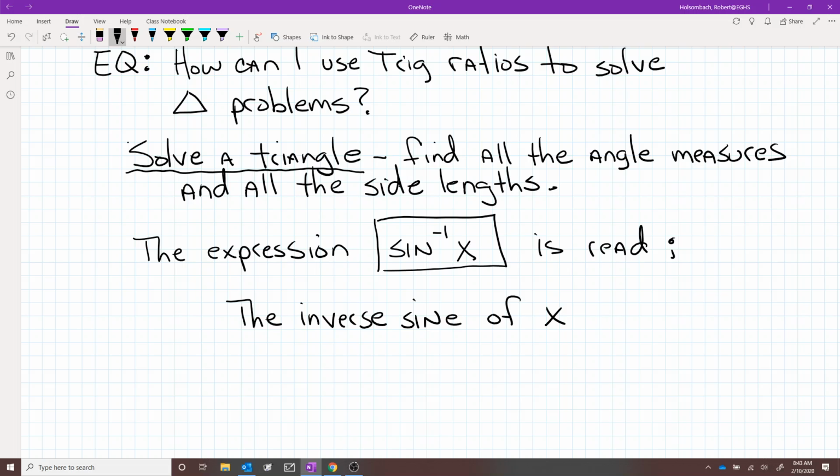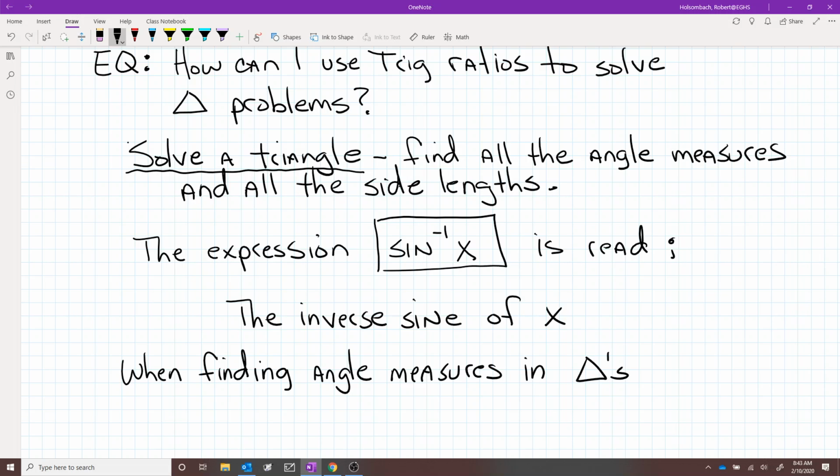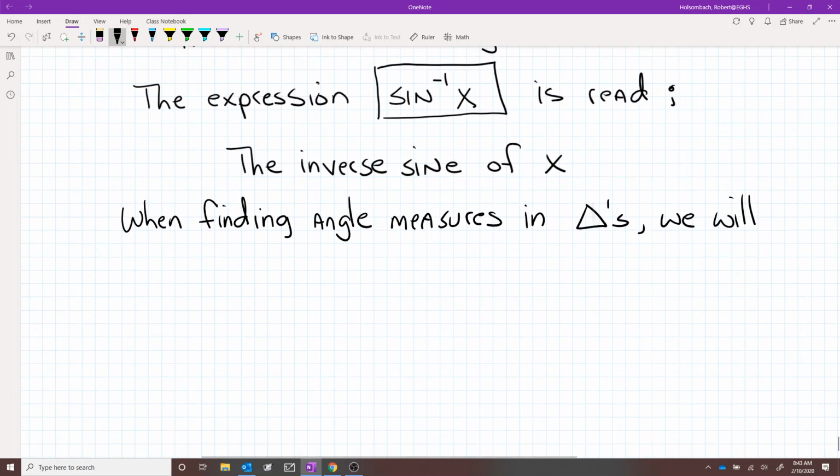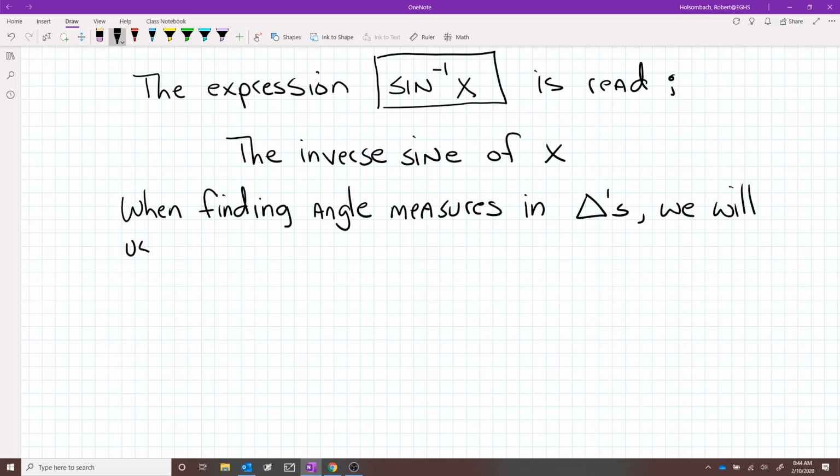The inverse sine of x. And when finding angle measures in triangles, we will use inverse sine, cosine, and tangent.